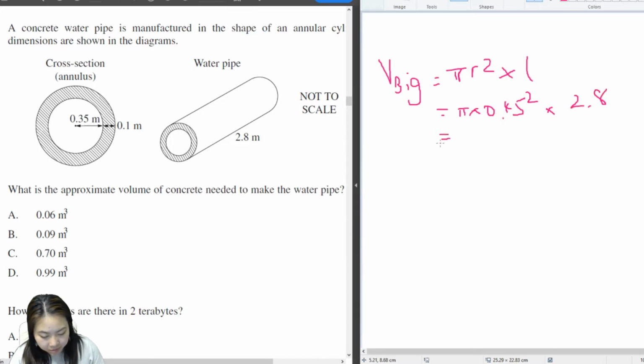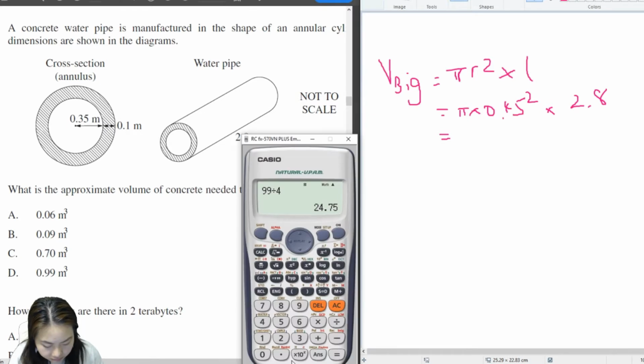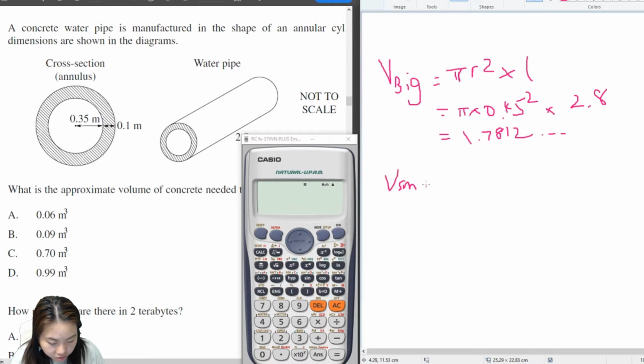That will be the volume of the big one. 1.7812... I'm going to save this. Shift store. Okay, that's A.